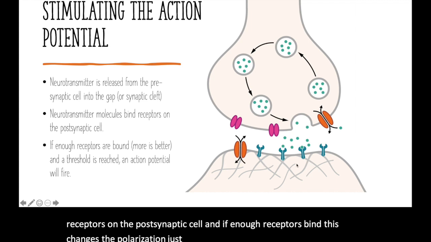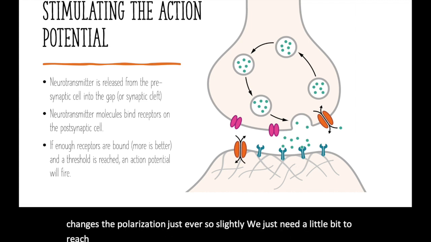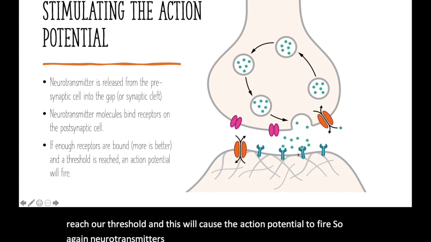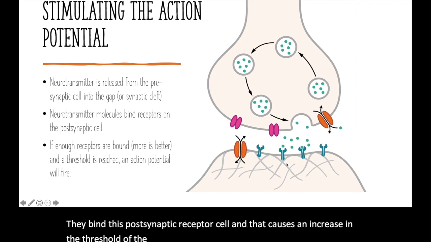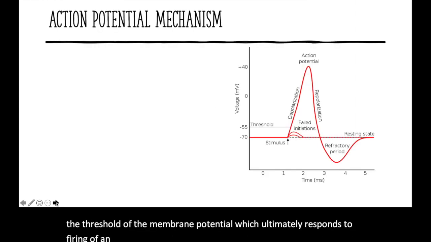We just need a little bit to reach our threshold, and this will cause the action potential to fire. So again, neurotransmitters are released, they bind the postsynaptic receptors, and that changes the membrane potential until it reaches threshold, which ultimately results in the firing of an action potential.